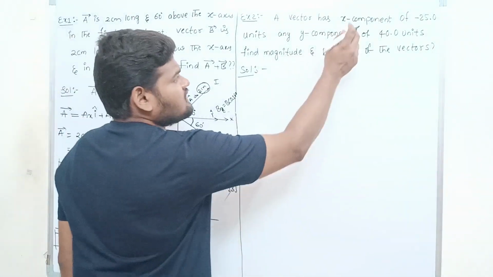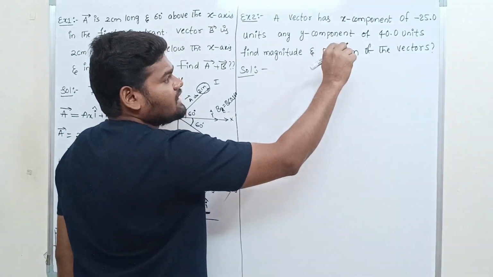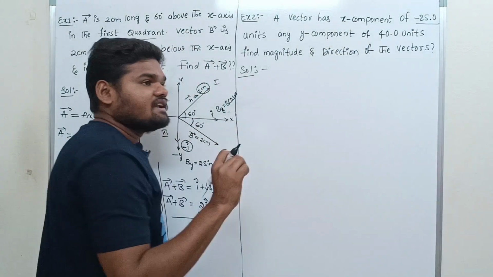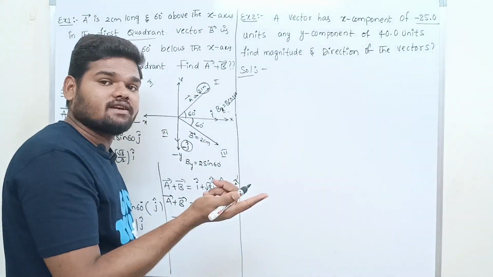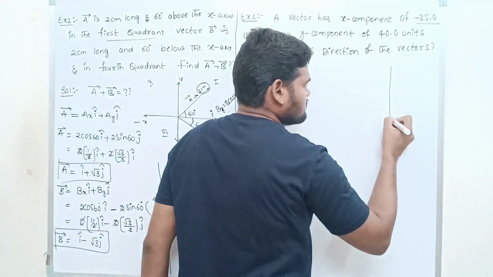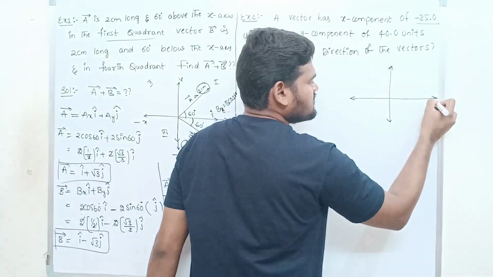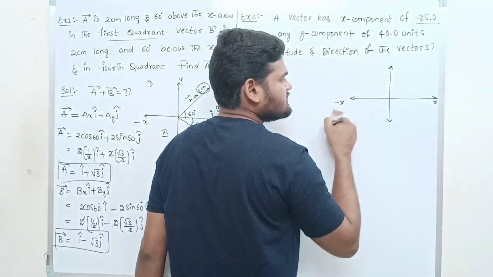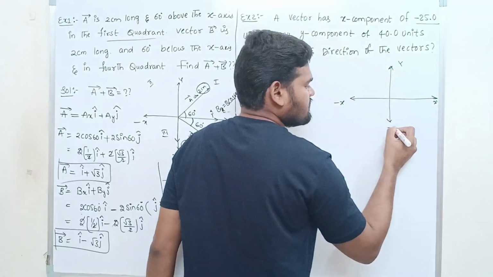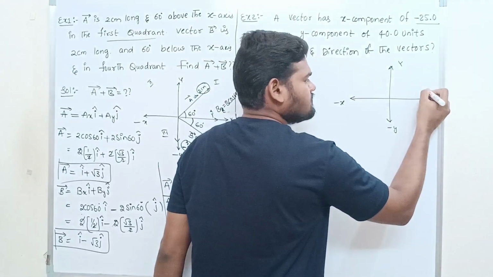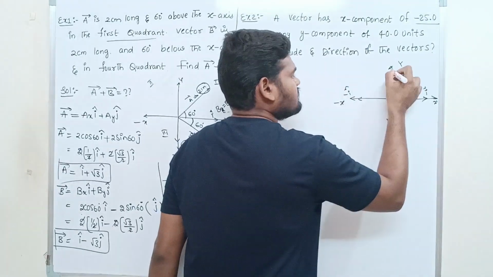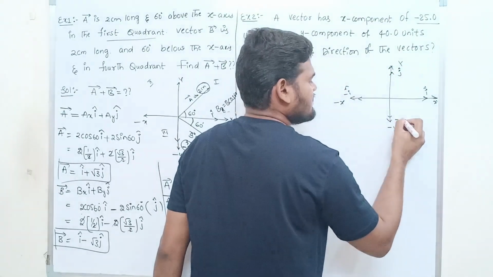So have a look. This is the x component, and its value is minus 25. This is the positive x-axis, minus x-axis, y-axis, minus y-axis, plus I cap, minus I cap, plus j cap, minus j cap.